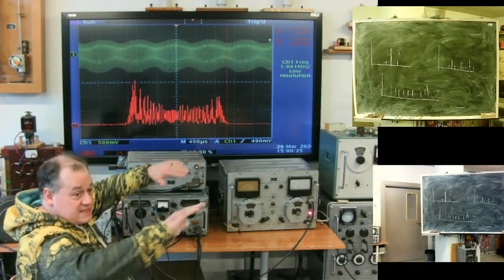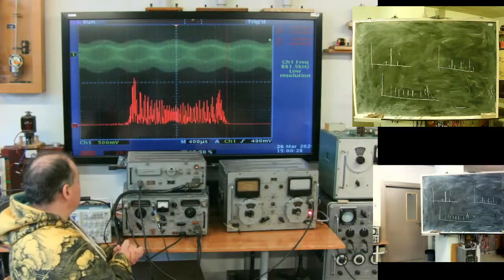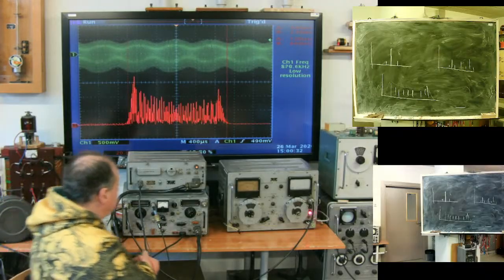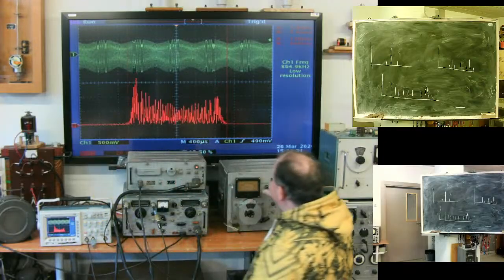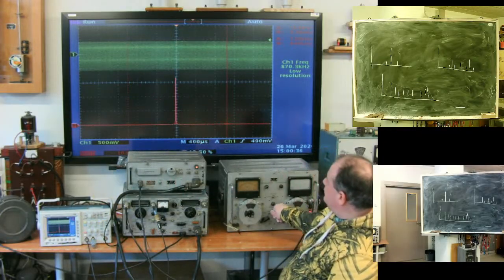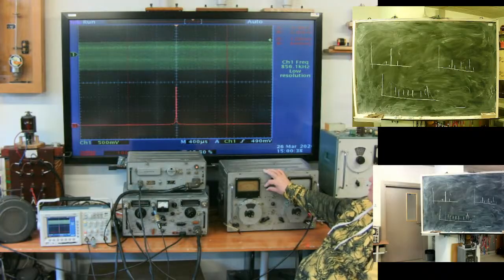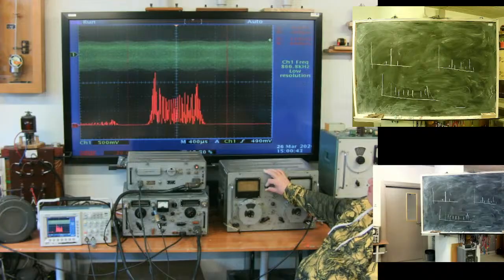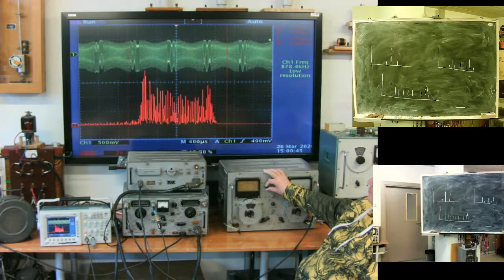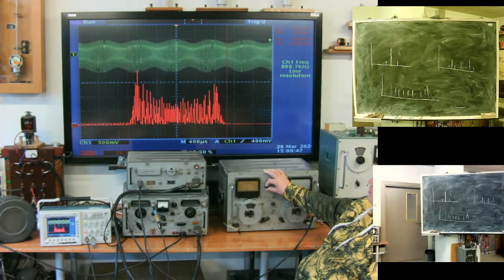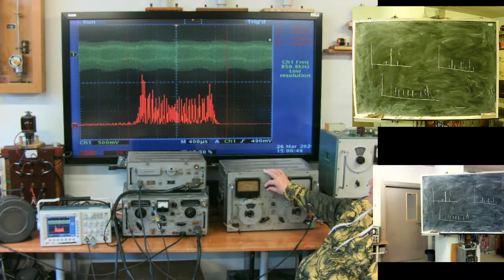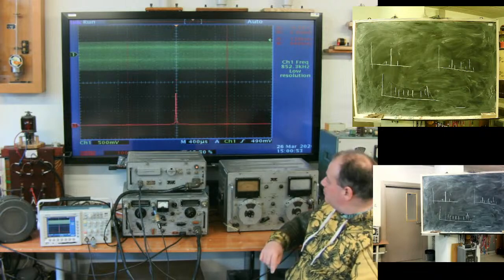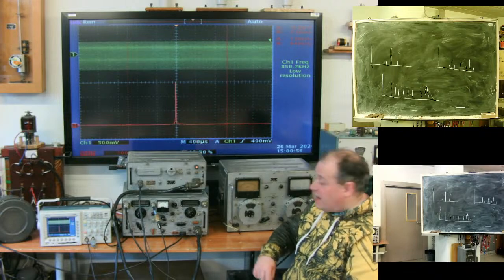So it takes a wide frequency area. Small deviation, large deviation.